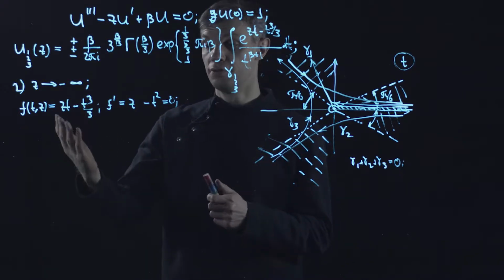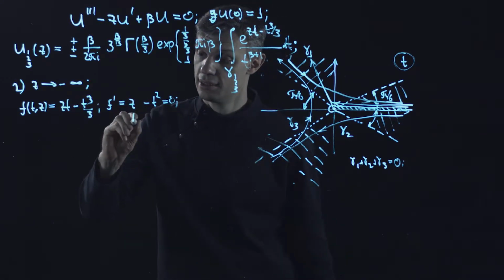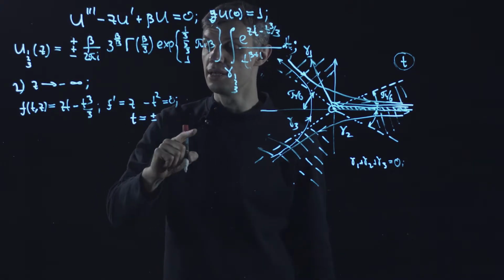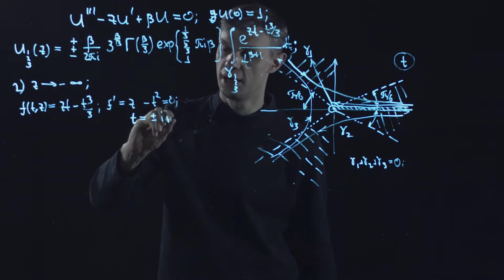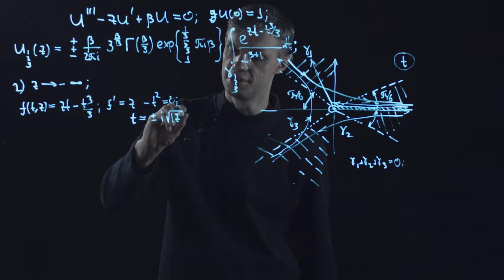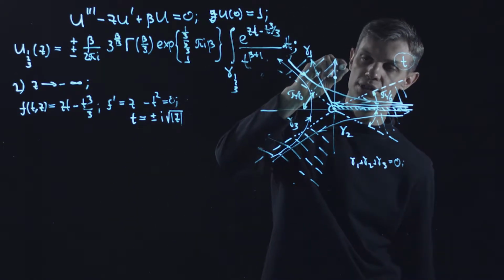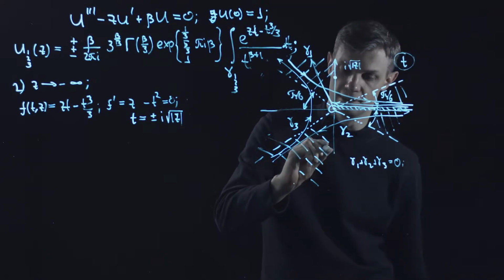The equation for the saddles stays unchanged, but the position of the saddles is changed due to the change of sign in z. So now t equals square root of z, or rather i times the square root of the modulus of z. So now these are the new positions of the saddles.